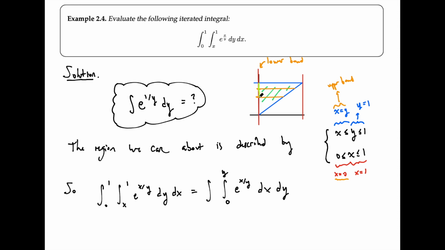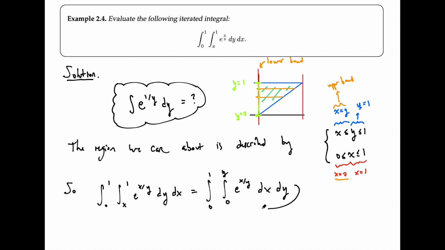When we do that, we would get an interval like this. The lower bound here is y equals 0. And the upper bound here coincides with this top blue line, which is going to be y equals 1. So our y bounds are 0 to 1. And there we've correctly changed the bounds to integrate with respect to x first.